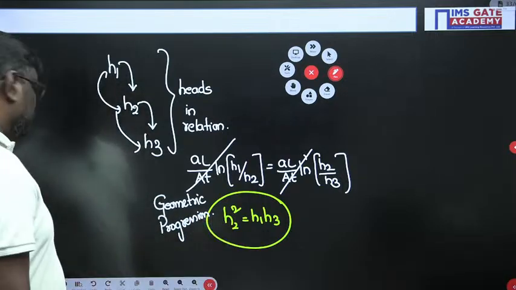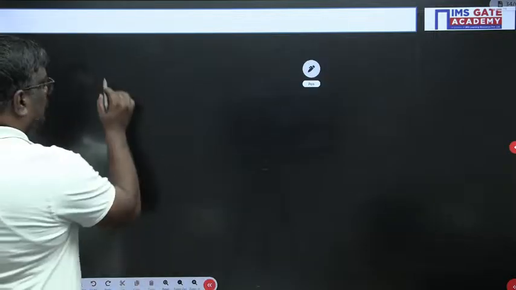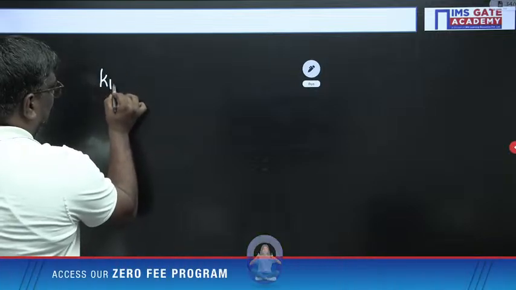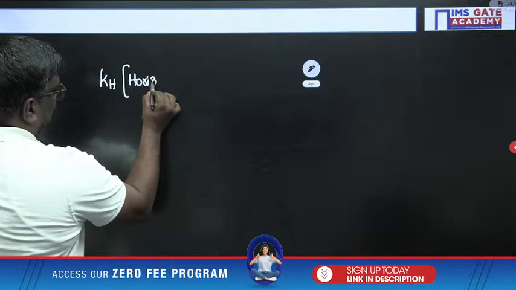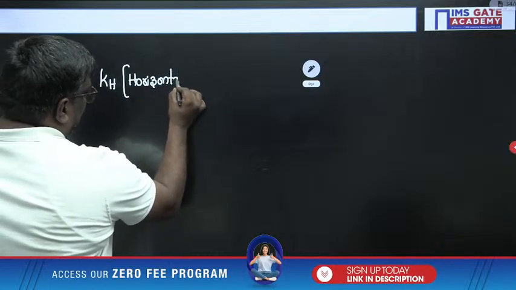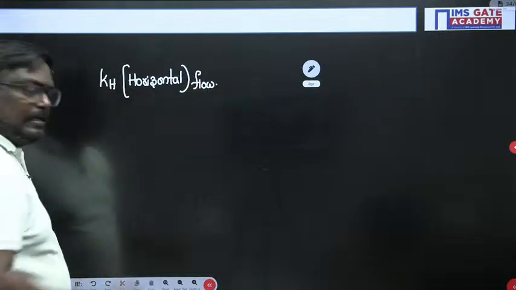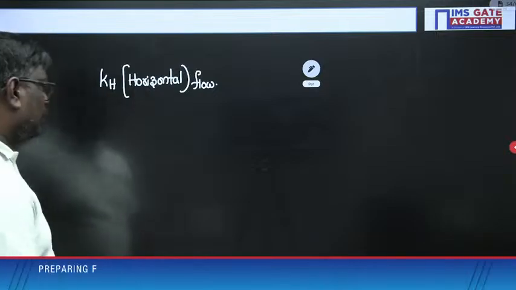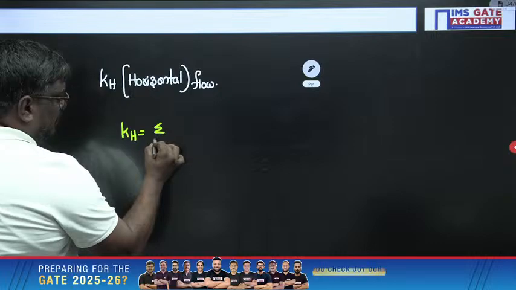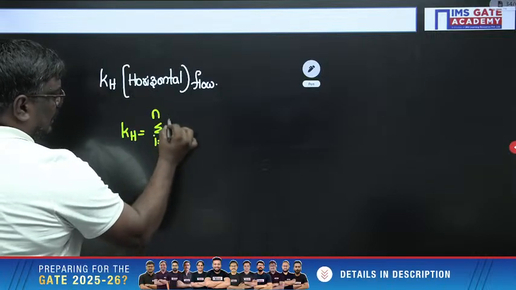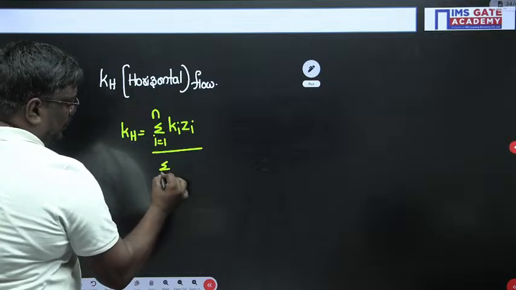Now, students, next we have permeability in a horizontal flow, or a parallel flow. In a horizontal or parallel flow, permeability kH will be equal to the summation of ki zi for i equal to 1 to n, upon the summation of zi for i equal to 1 to n.